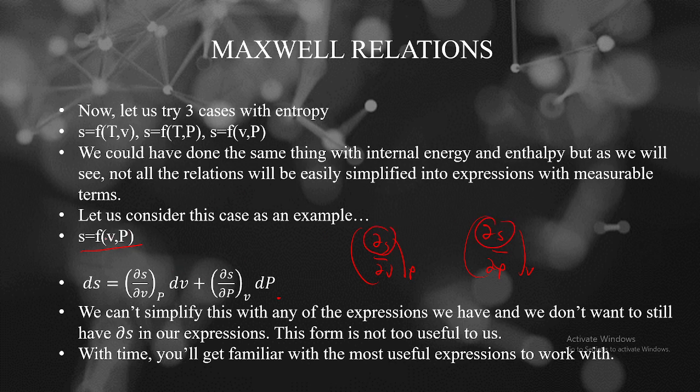So expressing s as a function of v and p to find a change in s is actually not going to be so convenient for us, right? As I said, we can't simplify this with any of the expressions we have, and we would still have del s in our expressions because this form is not so useful to us. So with time, you actually get familiar with the most useful expressions to work with.